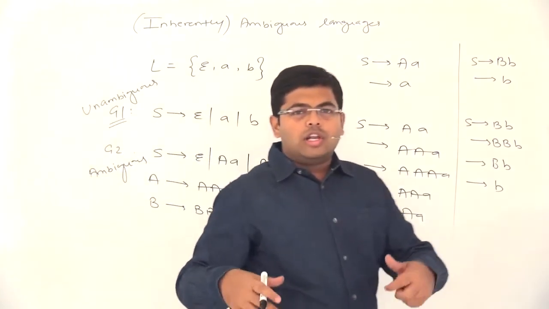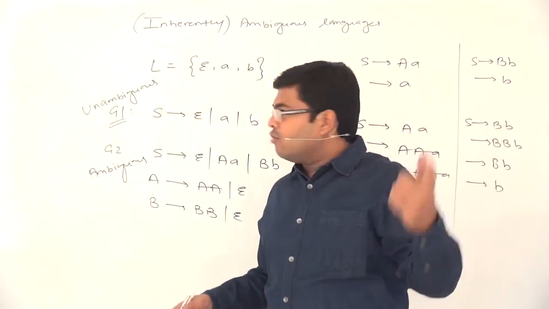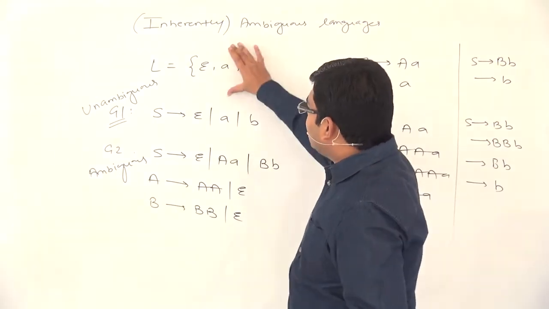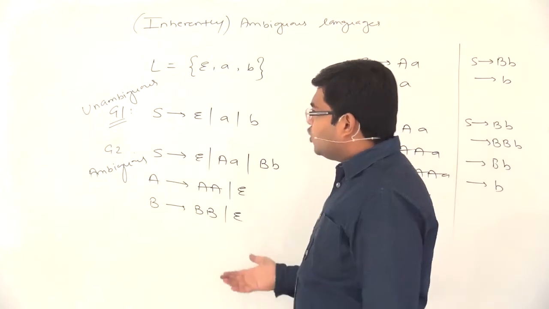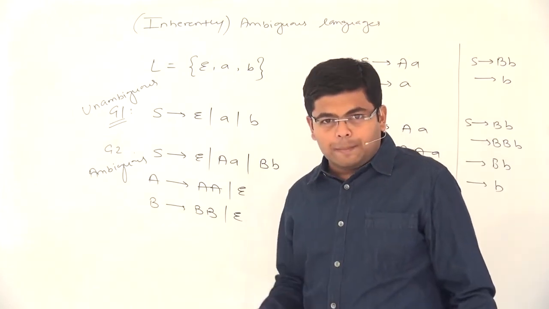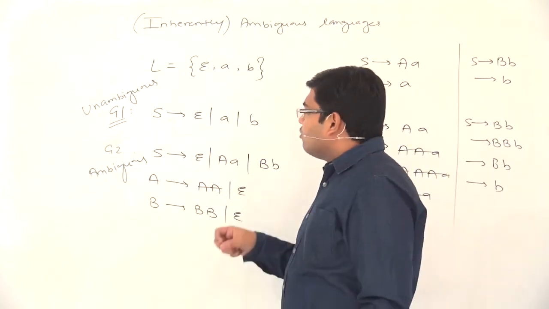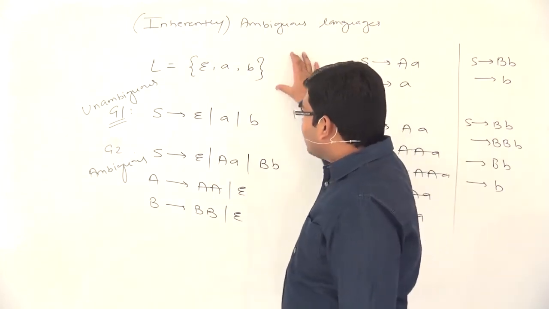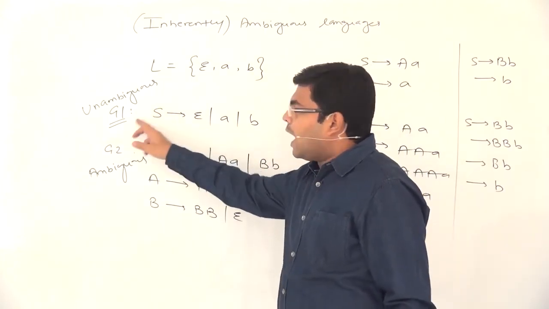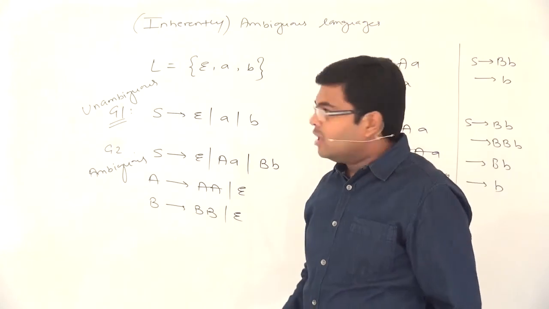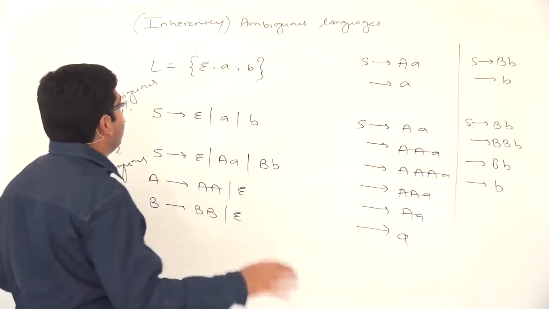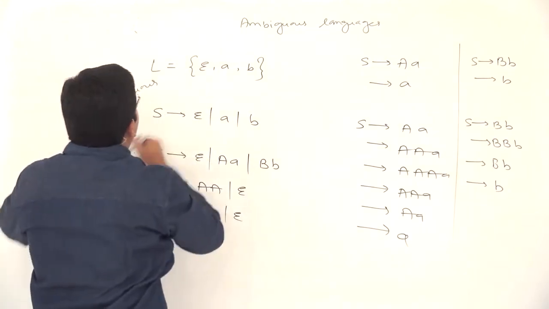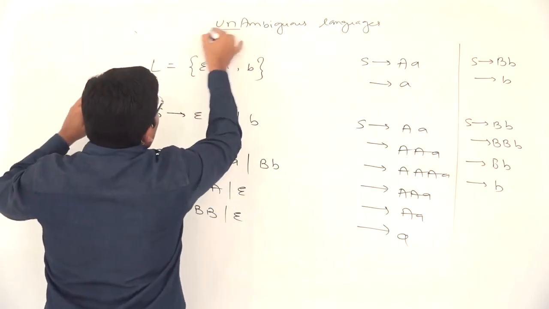So now let's go a step ahead. A language can be represented by multiple grammars. Some of the grammars may be ambiguous, some may be unambiguous. And therefore, if a language can be represented by an unambiguous grammar, then that language will be called an unambiguous language. So here we are defining what we mean by an unambiguous language.